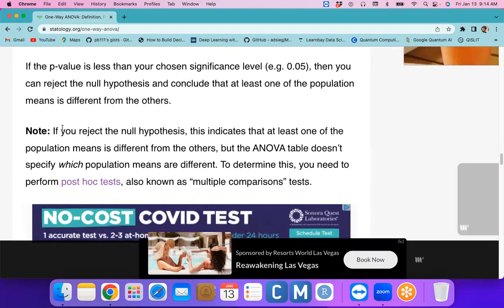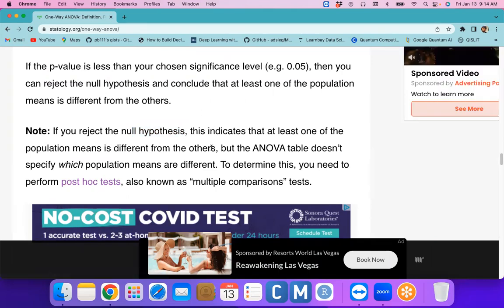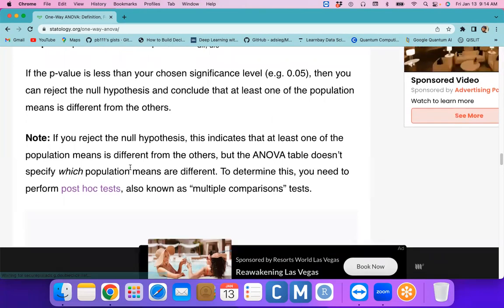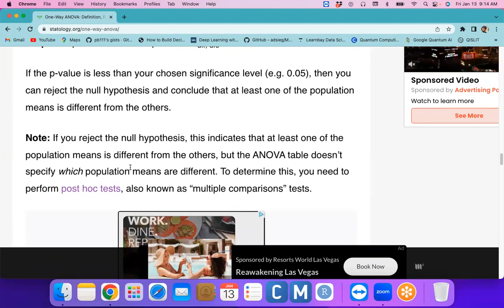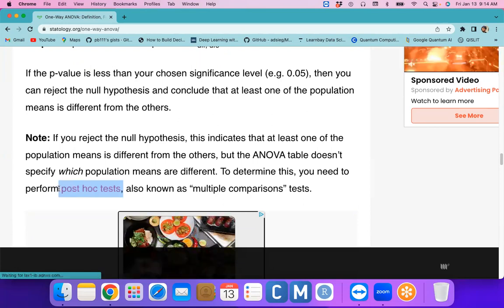Okay, so here we have some kind of note. Let's read this one. If we reject the null hypothesis, this is evidence that at least one of the population means differs from the others, but the ANOVA table does not specify which population is different. See, you are just saying that the population means are different, but if you want to determine which population is different, then we have the post hoc test.